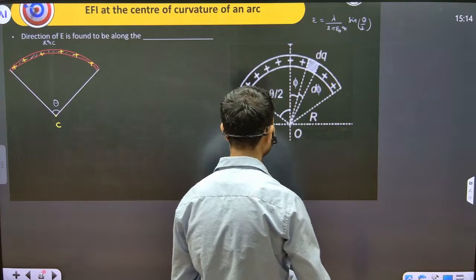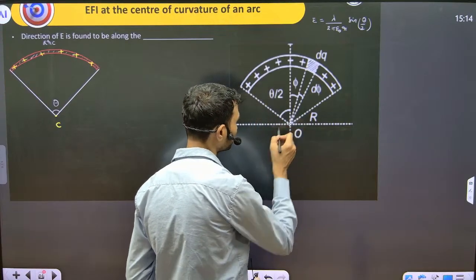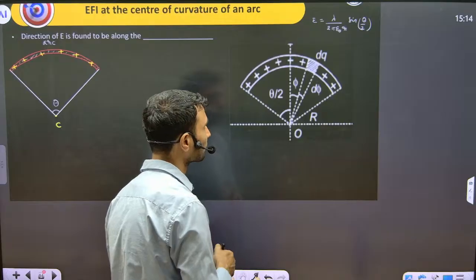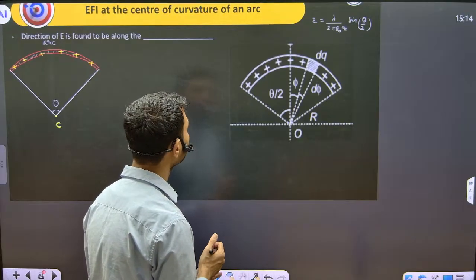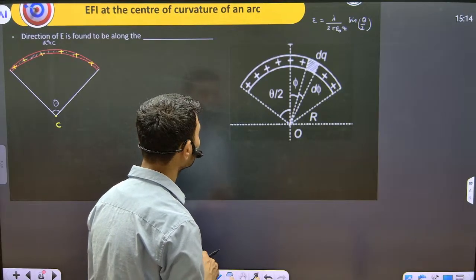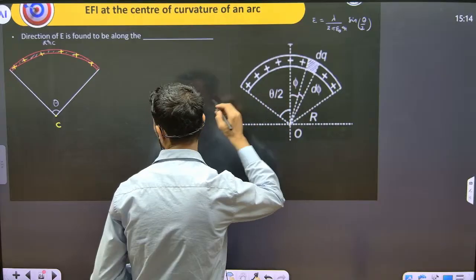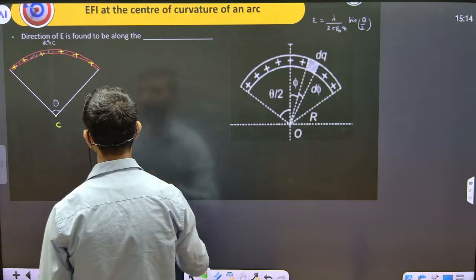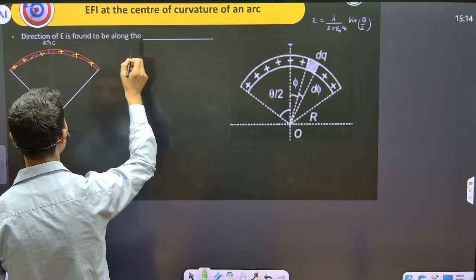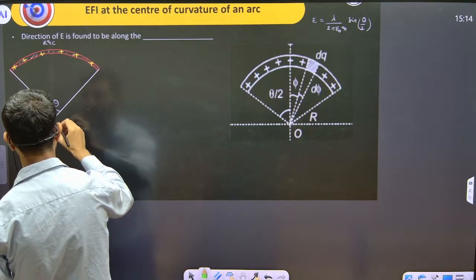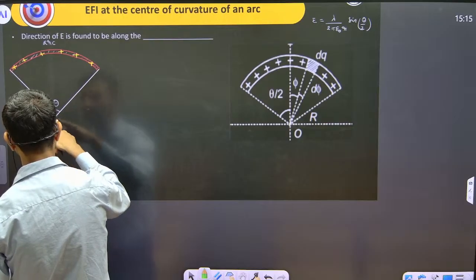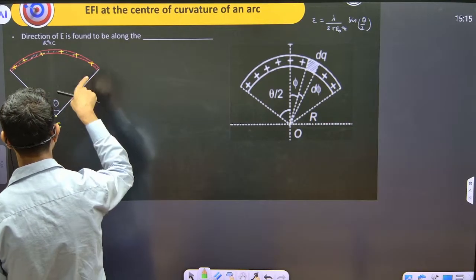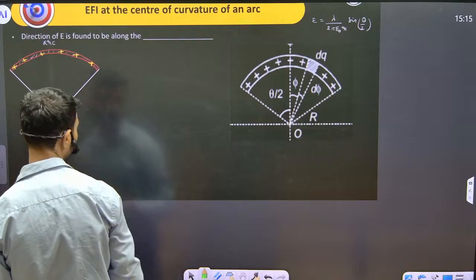So how do you find out the electric field at this point due to an arc, where the total arc angle is theta? Before that, you have to tell me the direction of the electric field. At point C, you want to find the electric field due to an arc subtending an angle theta. What will be the direction of the electric field line?